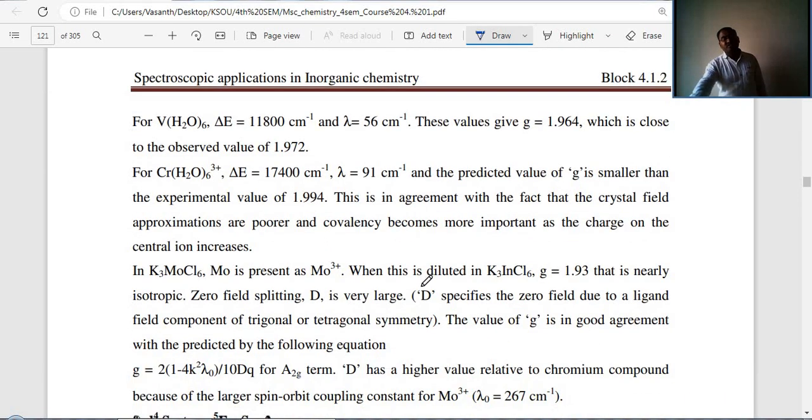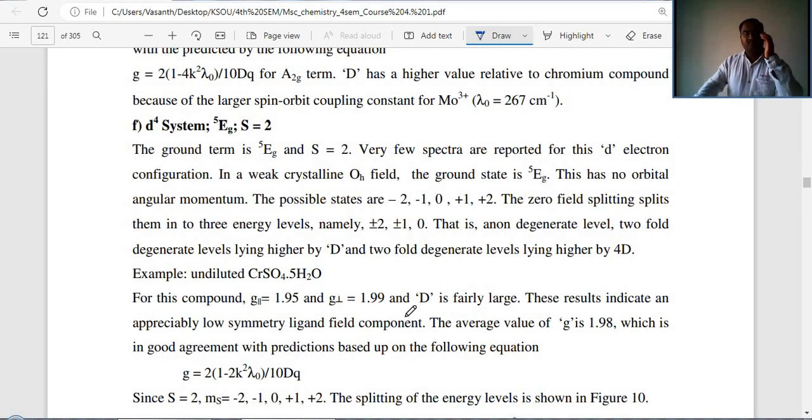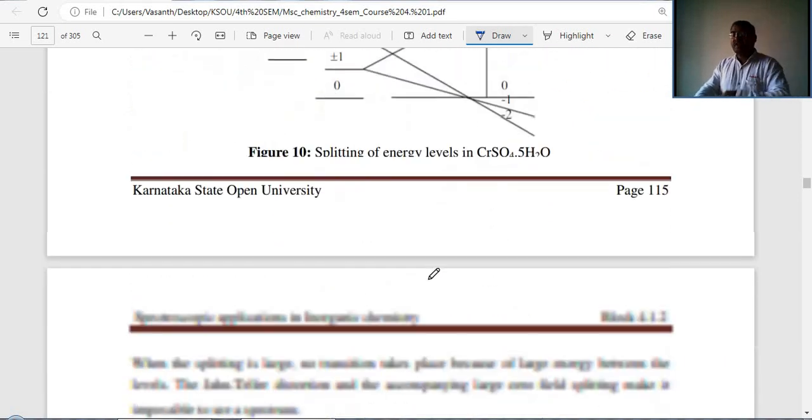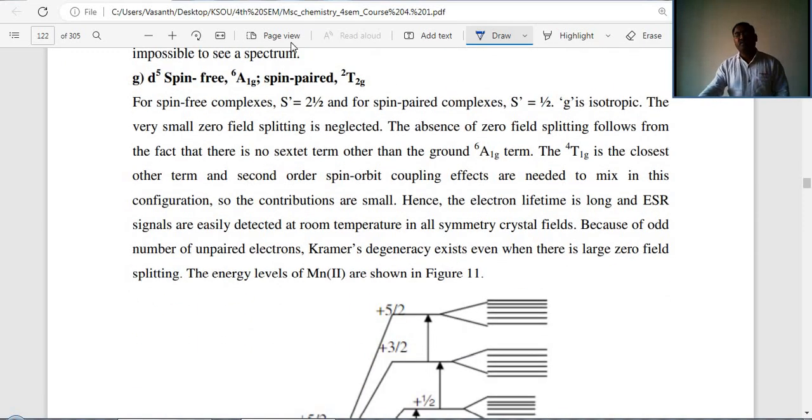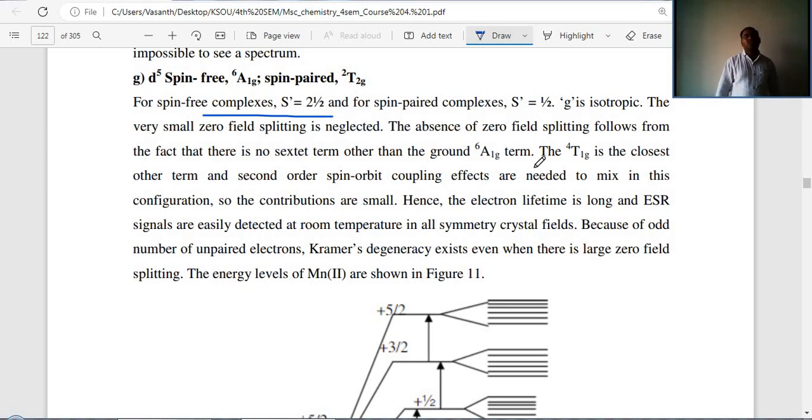This is the d4 system, which is almost similar to that. This is the d5 system. Here, for a spin free complex S is equal to 5/2 and for a spin paired complex S is equal to 1/2. g is isotropic.